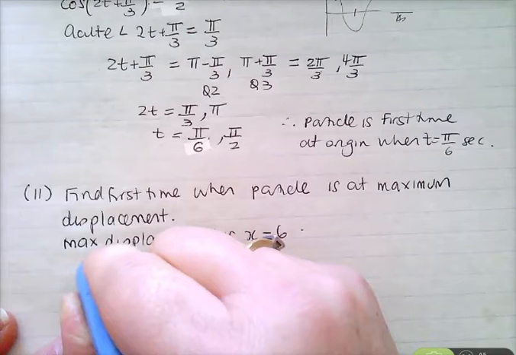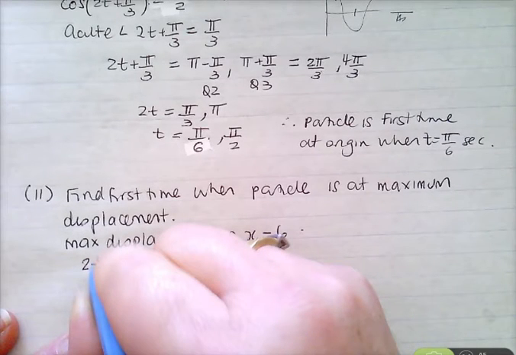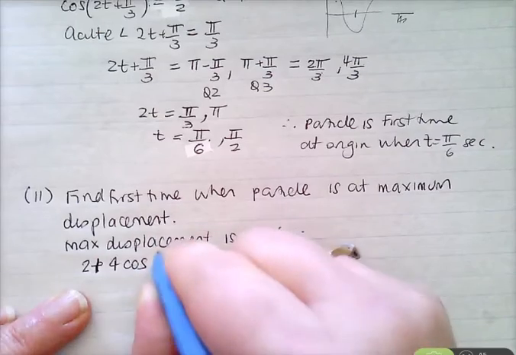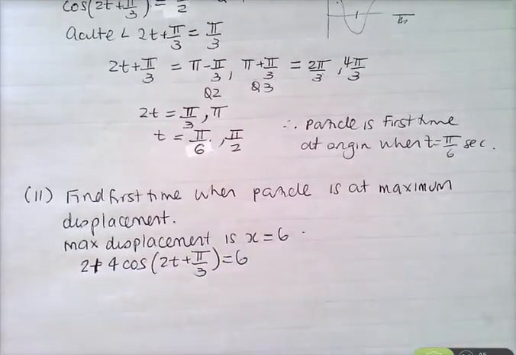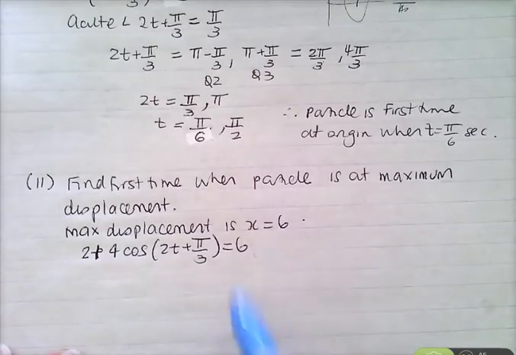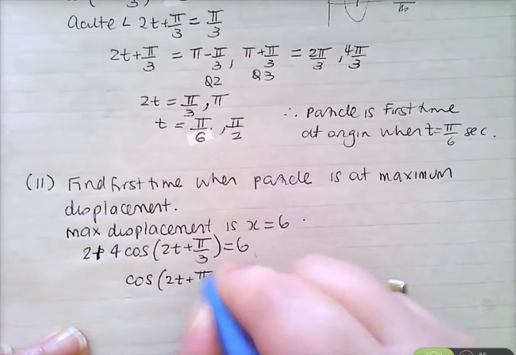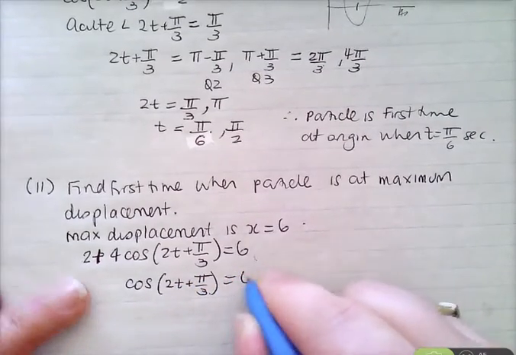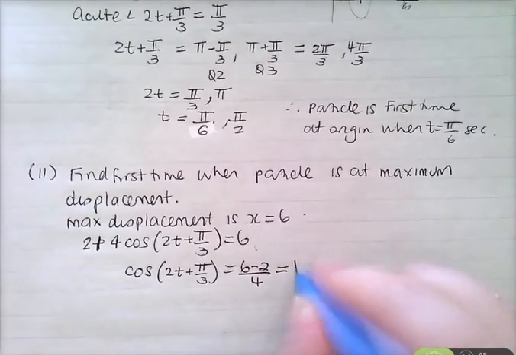So we're going to substitute x is 6 into our equation for x. So 2 plus 4 cos of 2t plus pi on 3 is equal to 6. So taking the 2 over and dividing by 4, we get that cos of 2t plus pi on 3 is 6 minus 2 over 4, which is 1.